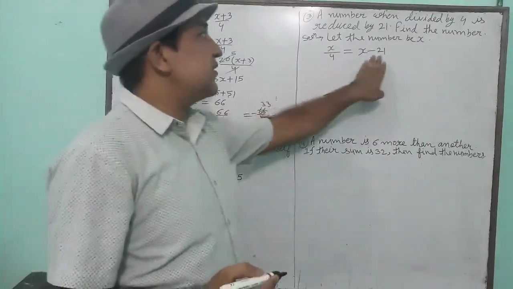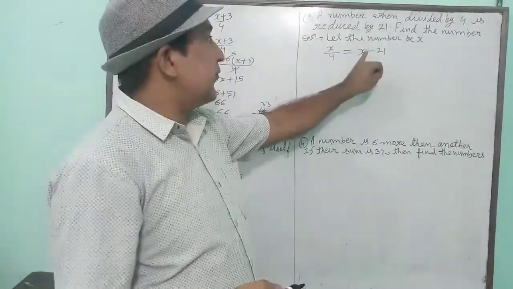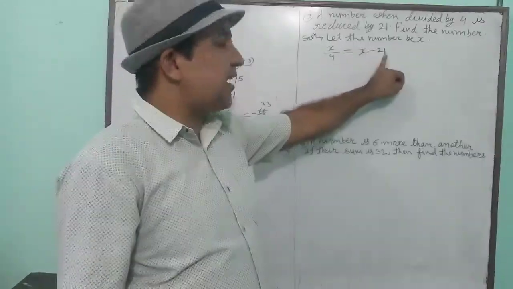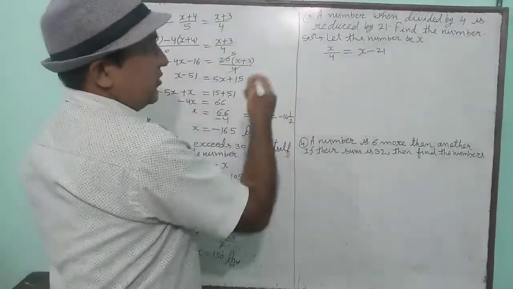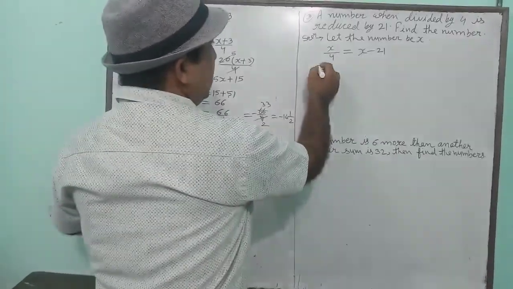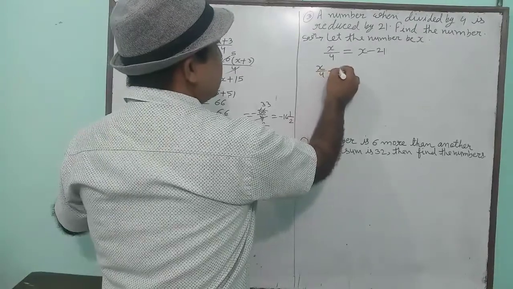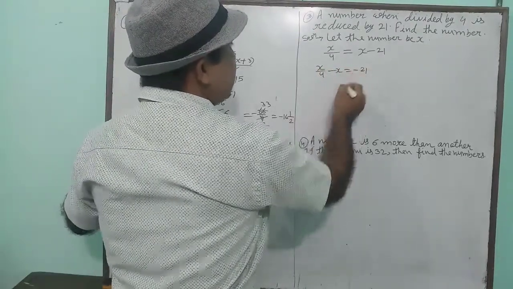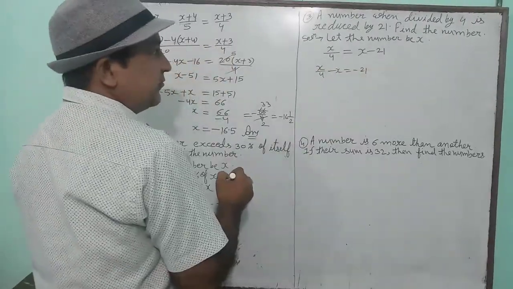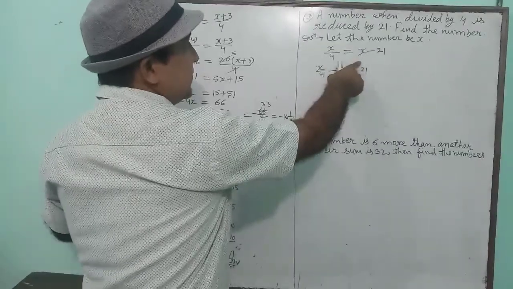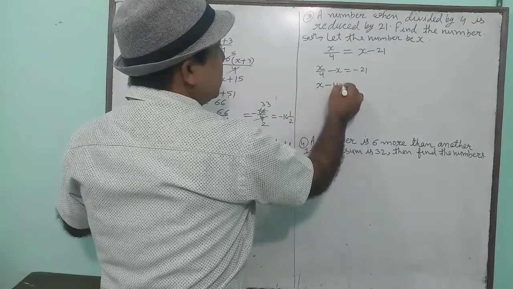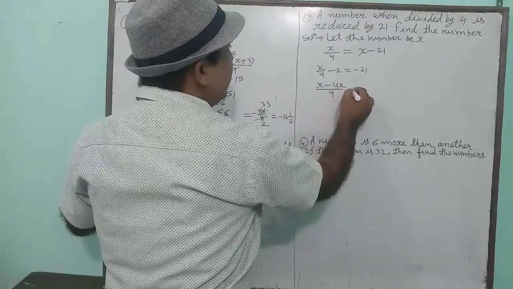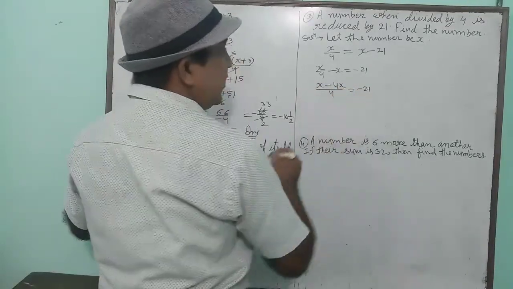The number is reduced by 21 means from the number we will subtract 21. Okay? Now your equation is ready. Solve and get your answer. x upon 4 minus x is equal to minus 21. This x has been transferred to the left hand side. Now x minus 4x by 4 is equal to minus 21.